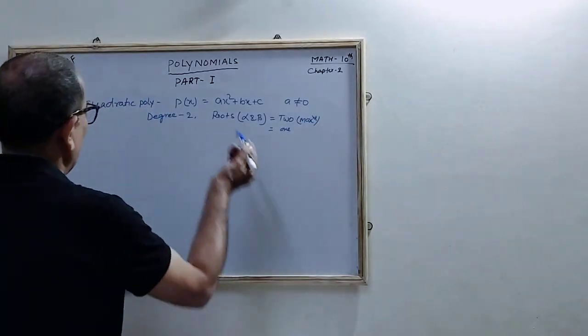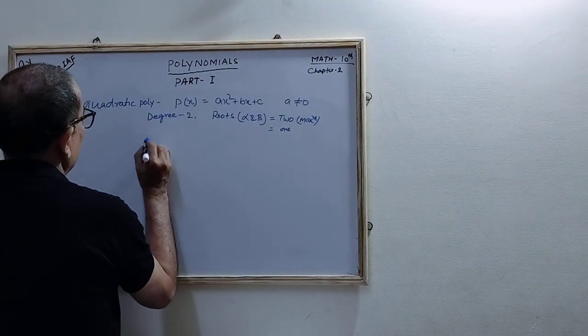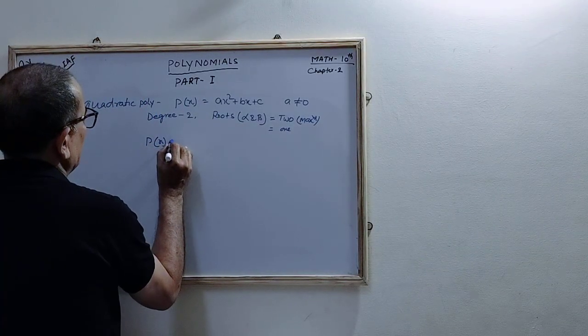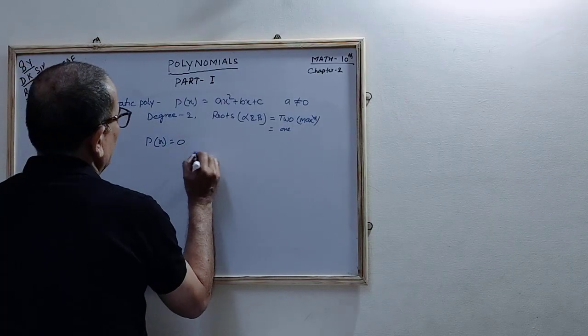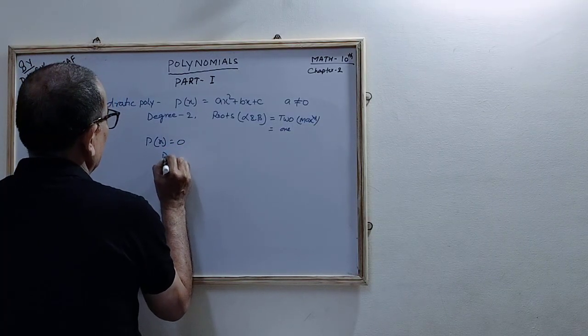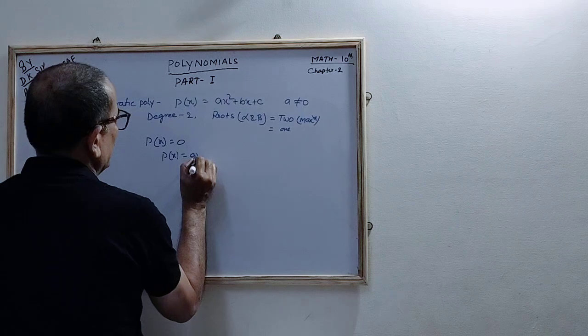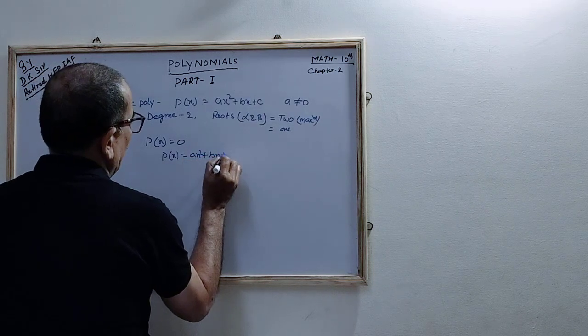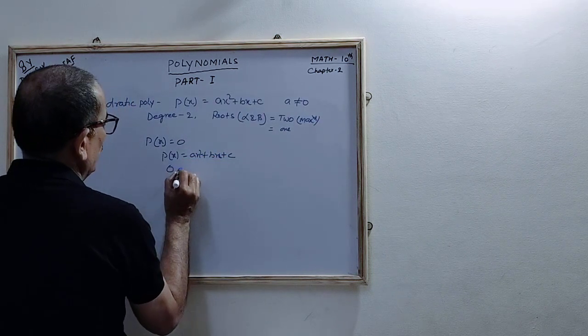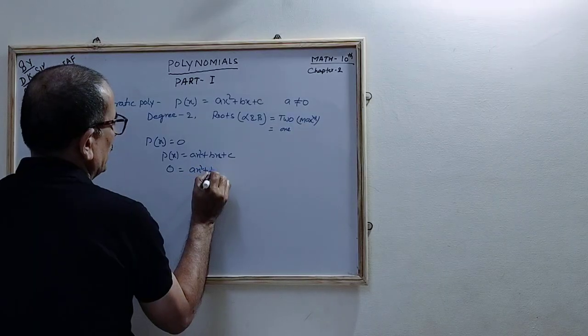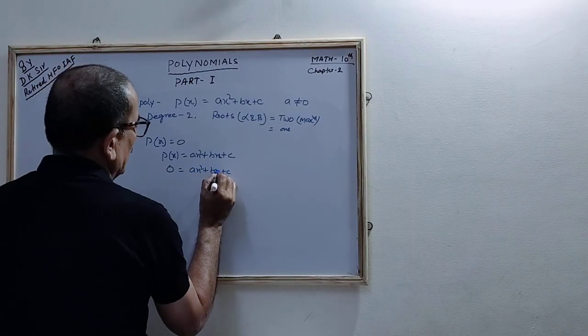The roots can be found by the same method, in which you have to make p(x) equal to 0. So what will you do? p(x) equals ax square plus bx plus c, correct? So 0 is equal to ax square plus bx plus c.